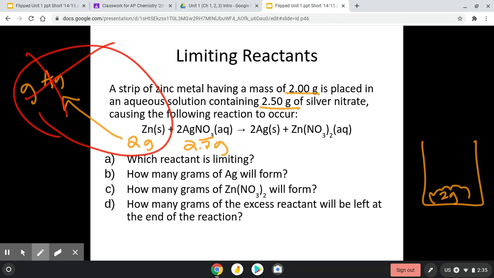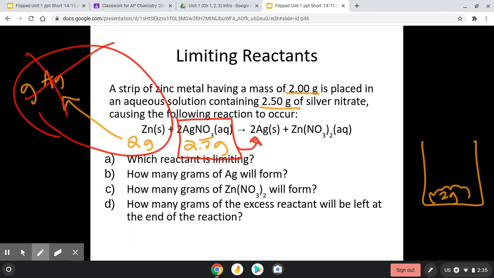So when you are calculating the yield that can be produced, you just have to be really careful that you start with the limiting reactant. You have to start with the limiting reactant before you can calculate how much your experiment is going to yield. So if we start from silver nitrate and we calculate to silver, that amount is going to be our theoretical yield.